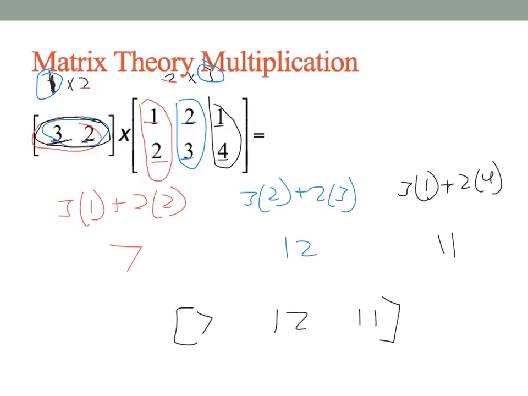And I'm sure if you're seeing this for the first time, it does look really tricky, and it is. It just takes a little bit of practice to get the pattern down. It is a very weird pattern, but you'll find that when we do word problems, it's very important that the multiplication is done this way so that the word problems make sense.